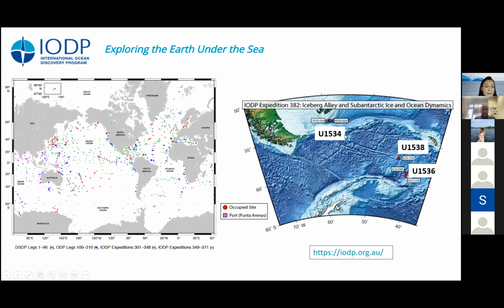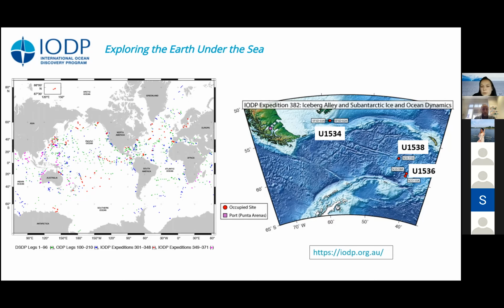So we're not blindly going somewhere and taking a core. There's a lot of pre-existing information about the sites, like what's the bathymetry like, the seismic information, so that we have a good idea of what the seafloor looks like in the areas where we're actually targeting to put a sediment core down.